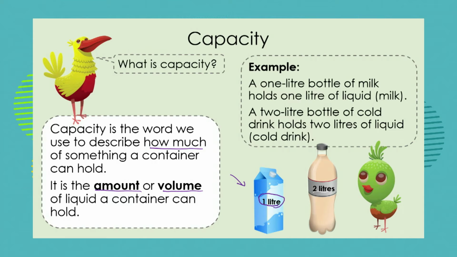The next example is a 2 liter bottle of cold drink holds 2 liters of liquid. So here is my bottle of cold drink, and we can see that it can only hold 2 liters of liquid. So there are everyday examples all around us that show us capacity.